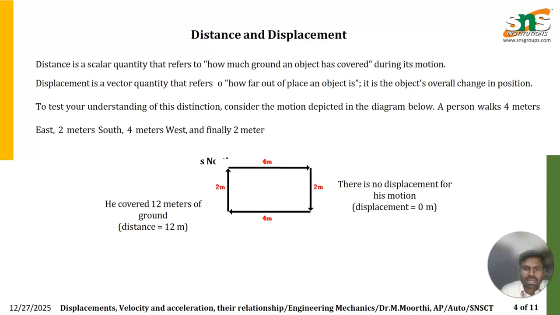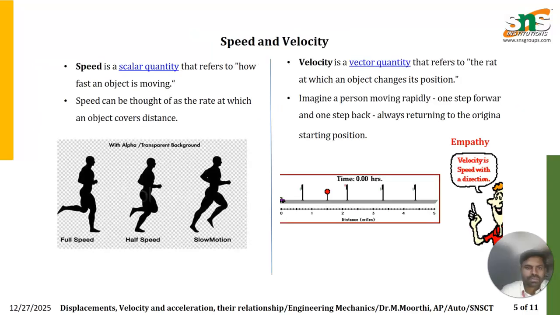Totally 4 plus 4 is 8, and 2 plus 2 is 4, so the object covered 12 meters of distance. Displacement, as I said earlier, is the final position minus the initial position. The object moves in the clockwise direction and finally comes back to the original position, so there is no displacement. Here the displacement will be 0.